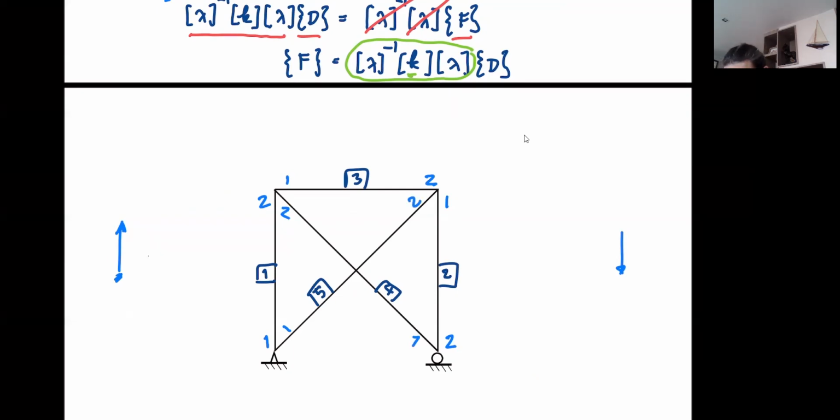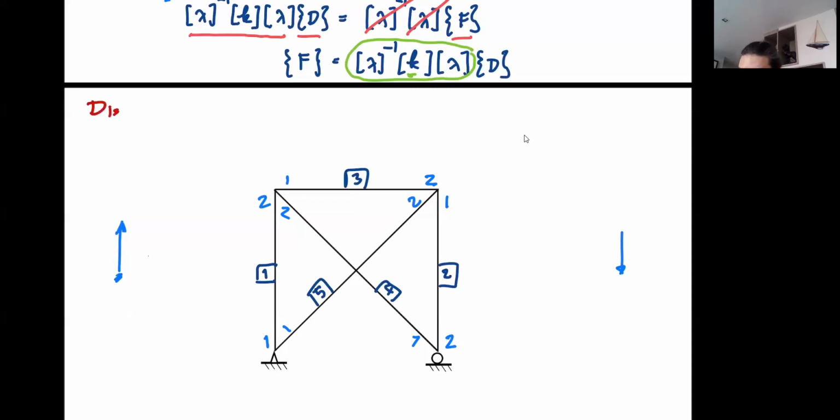Let's take a look at the entire structure. And again, because this is the displacement method, first and foremost, you need to be able to identify the unknowns of the structure, right? Remember, this is the truss. How many unknowns? Can anyone try?